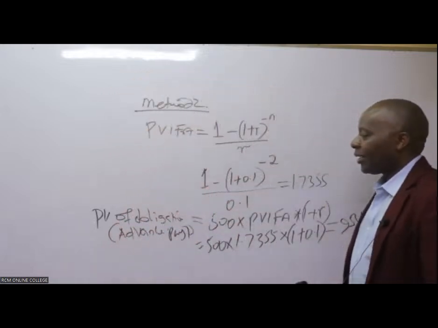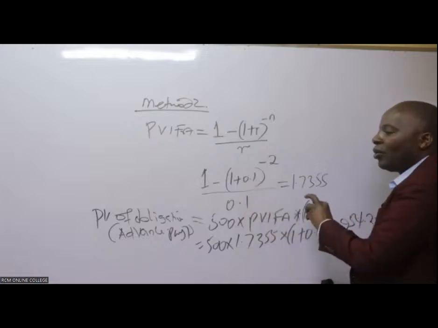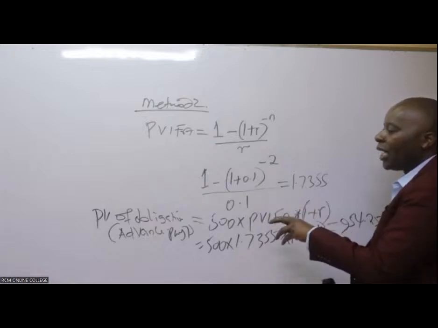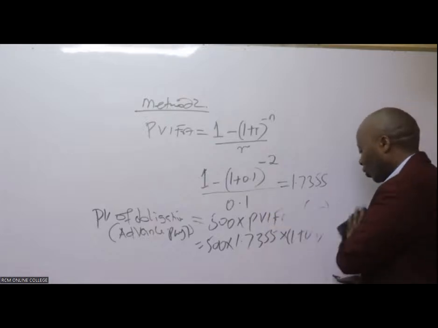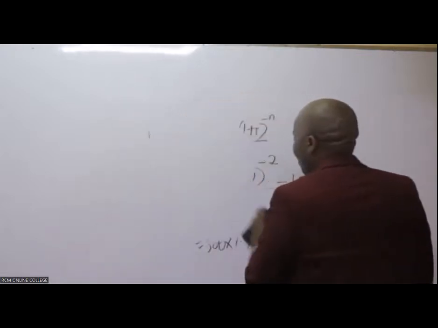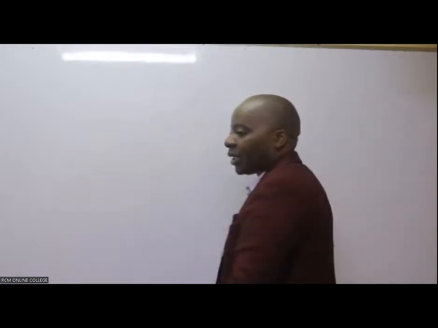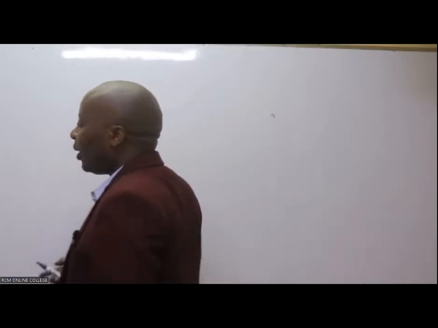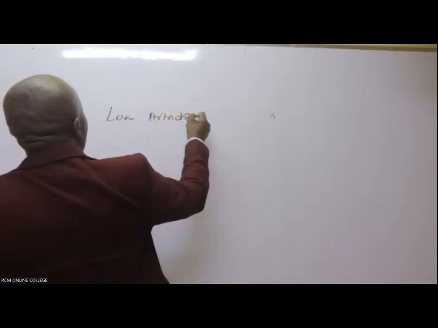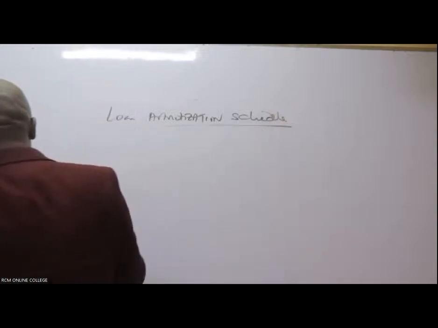Great. So then from here, let's do a loan amortization schedule. Once I get this present value of obligation, I'll always do a loan amortization schedule. So go ahead and do a loan amortization schedule. What do we have there?